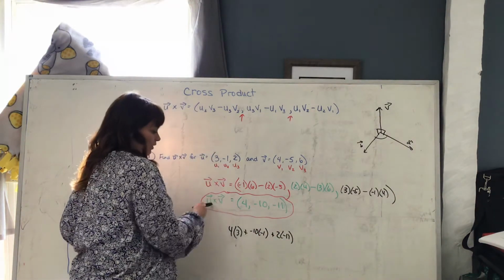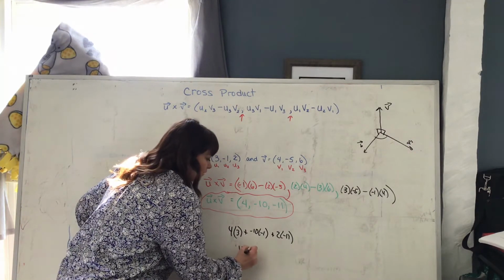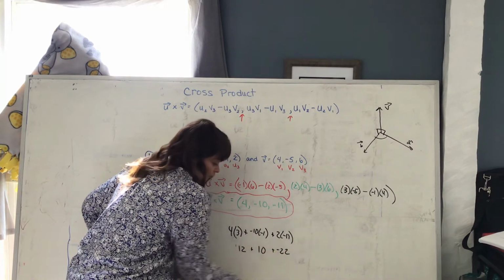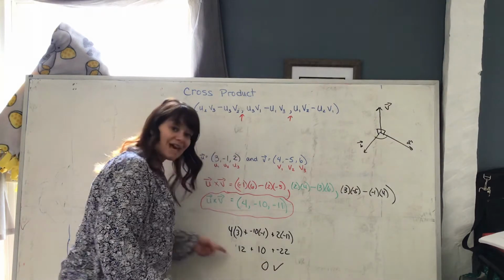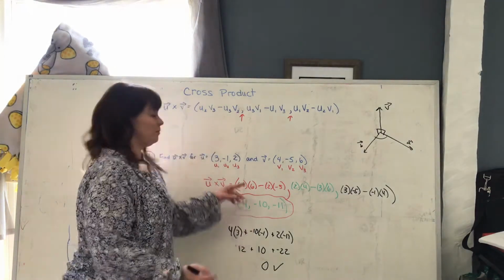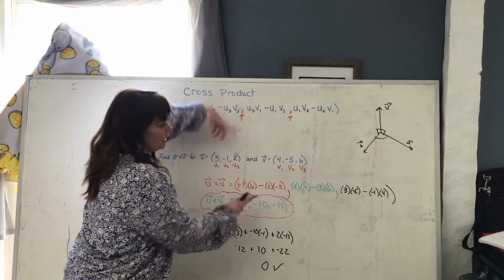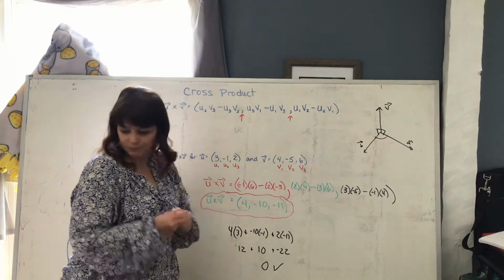I'm getting 12 plus 10 plus negative 22, and 22 plus negative 22 gives me 0. The fact that the dot product is 0 means that these are definitely perpendicular. Find the dot product with the other vector and you'll see that it's perpendicular as well.